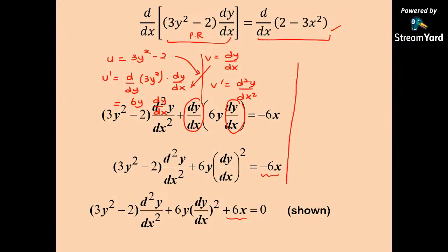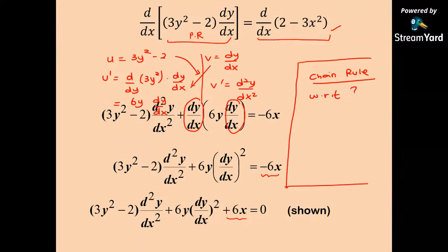Okay, so basically for implicit differentiation, the thing that you need to do is something called the chain rule. So do make sure, firstly, read the question carefully. You must make sure you are differentiating with respect to what? So if you are differentiating with respect to x, do make sure to write down d over dx for everything. For each term, if you have addition, you can separate them.